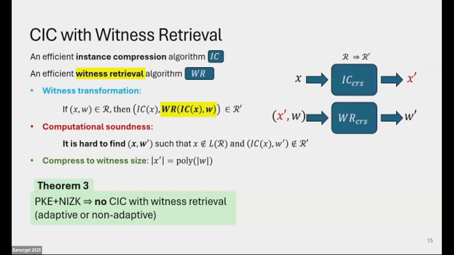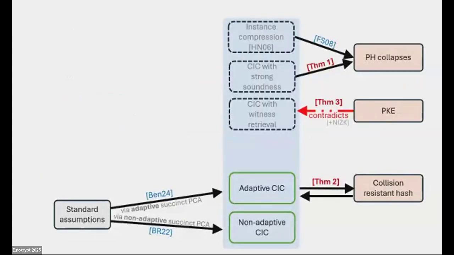For this question, we answer with our third theorem, saying that assuming public encryption plus NIZK, we don't have CIC with witness retrieval, not in the adaptive and not in the non-adaptive setting. So a few words about this proof, just some intuition. What we show, actually, is we go through another object called incompressible public encryption.